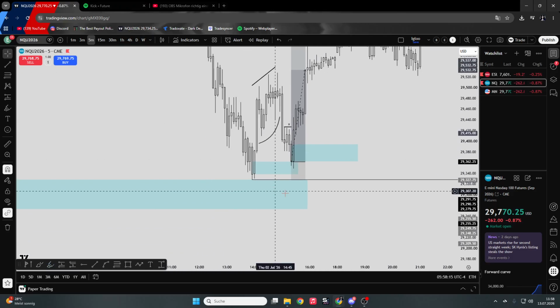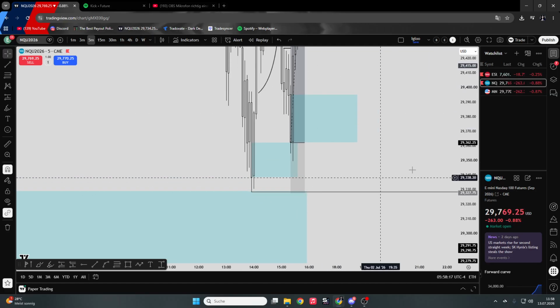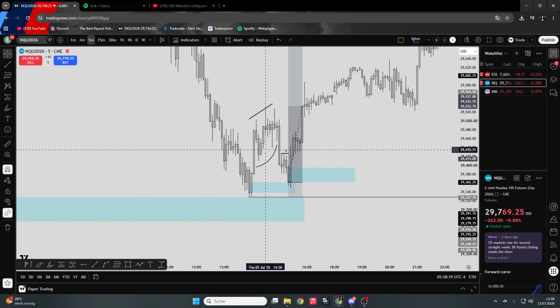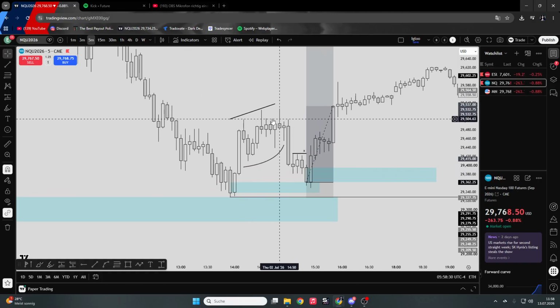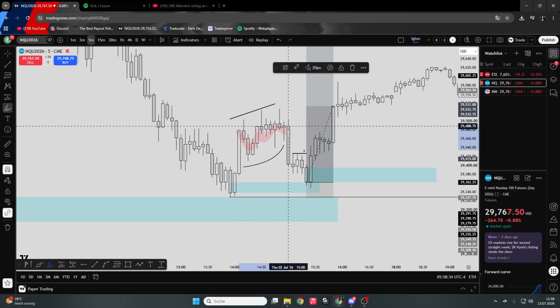Coming lower into that order block, and you see that we just tap into it, right? We get a big reaction out of it. Now this is not something even that's on the 3 minute, just to let you know. This is nothing where you just enter off of, right? But what do you have here? Another small AMD, right?